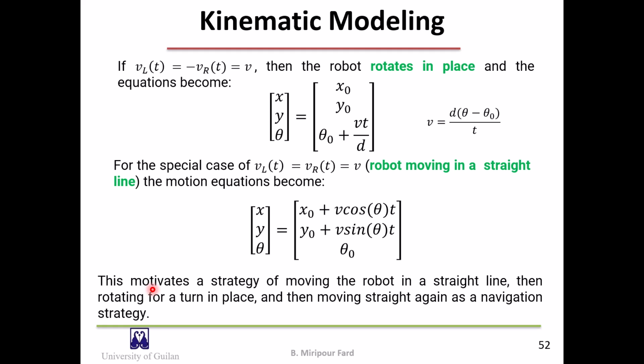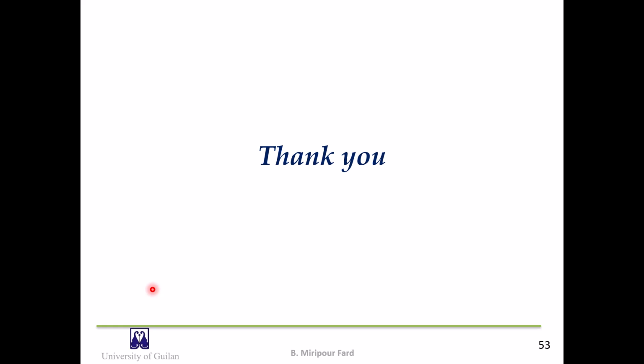In fact, this is a path planning issue, and we will talk about this more in the path planning section. Okay, in the next lecture, we will introduce the derivation of kinematic equations from a different perspective, and then we will model some other wheeled mobile robots.